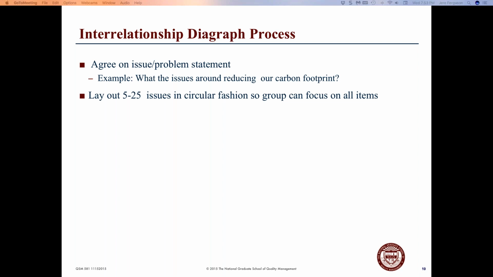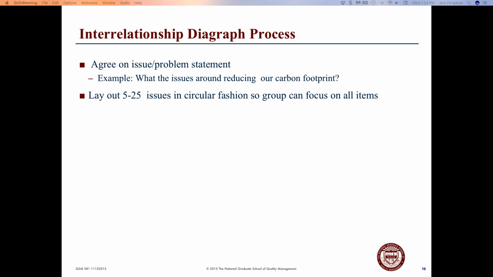Example: what's the issue around reducing our carbon footprint? If that was your issue, then an example of a problem statement that you would agree as a team is, okay, let's figure out what the issues are around reducing a carbon footprint. We would then lay out 5 to 25 issues in circular fashion so the group can focus on them. We've agreed that we want to look at carbon footprinting, and we want to understand all the issues that pertain to that.